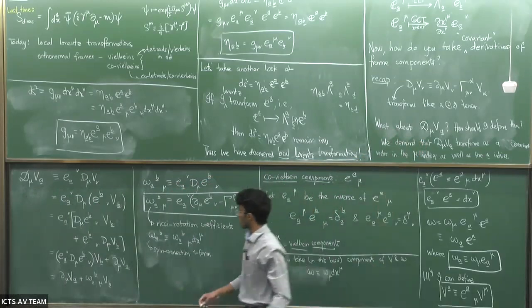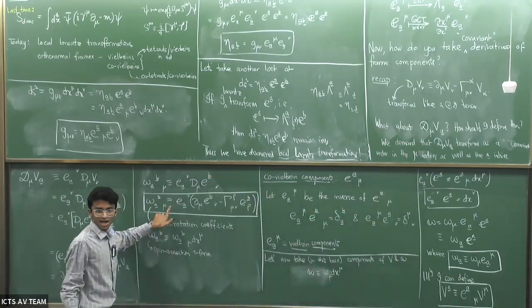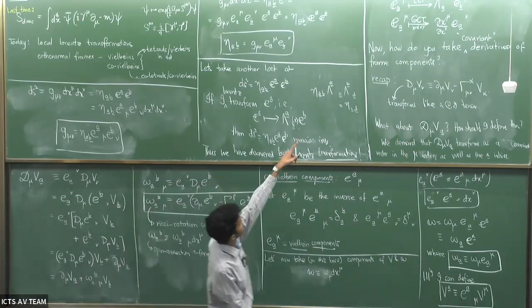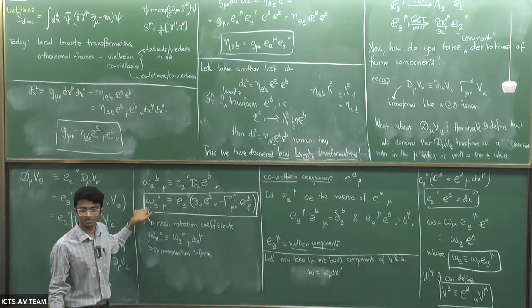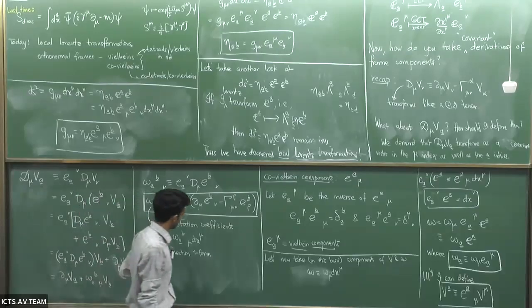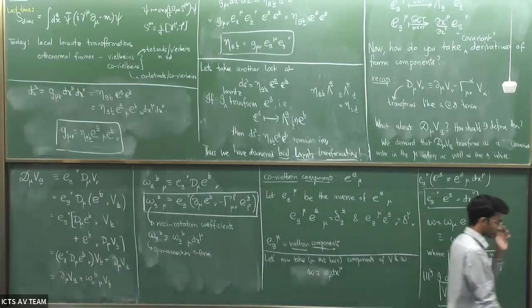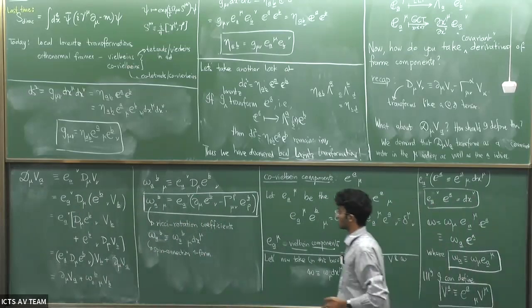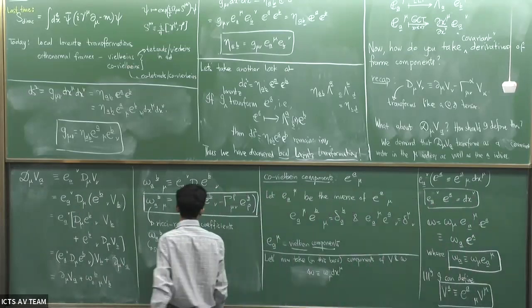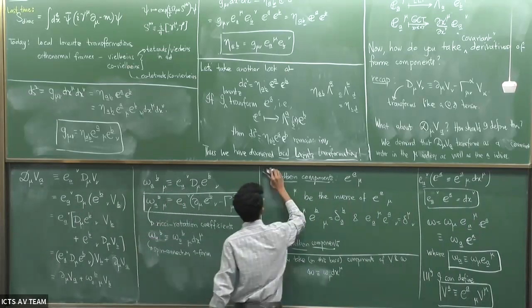I want to do the same calculation for this one: under E going to lambda E, how does omega transform? That will be a very interesting calculation. Let's do that. Maybe after that I will stop. And next time, with all of this language that we have set up, I can directly write down the answer for the Dirac equation in curved spacetime.